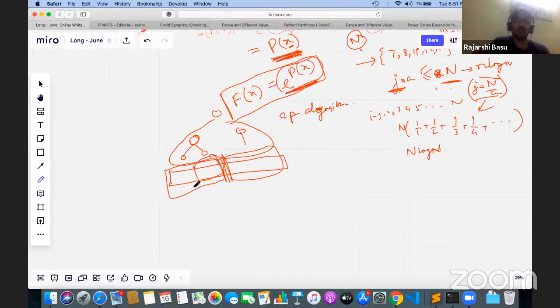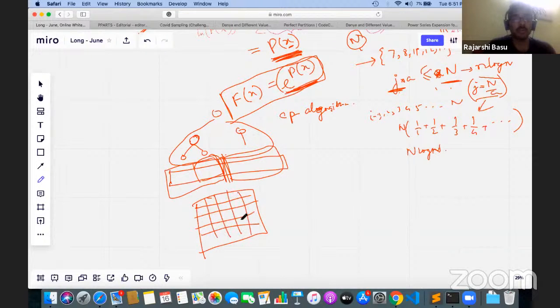Now, for a 2D grid, a way to do it is, first thing you can maybe check per column or per row, or you can check using like this. So you divide it into 4 parts maybe, and then go into each of them recursively if you have something there. Now there are multiple optimizations on this.